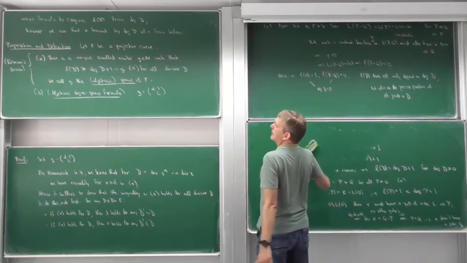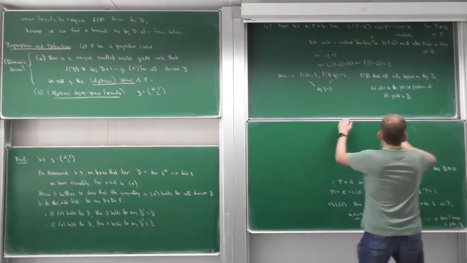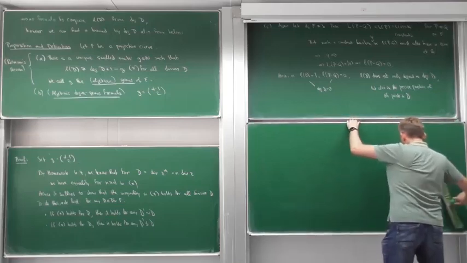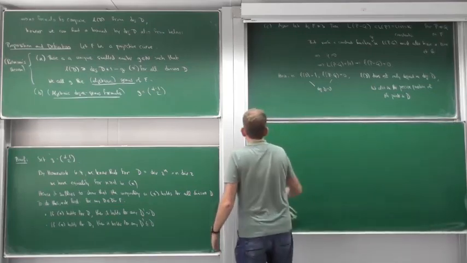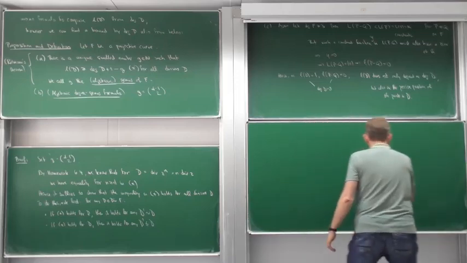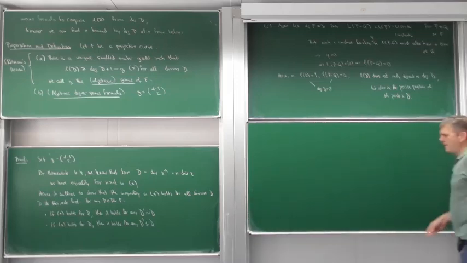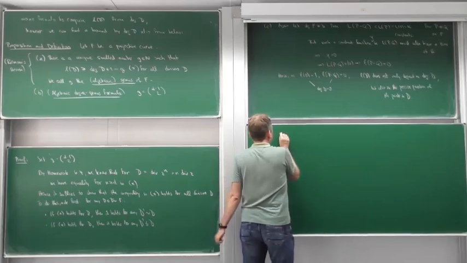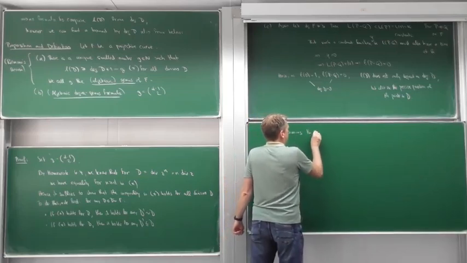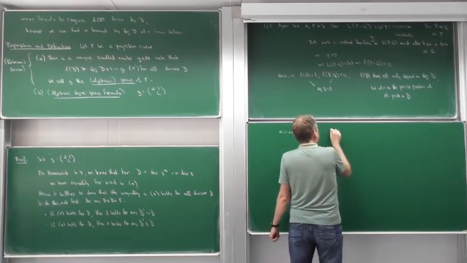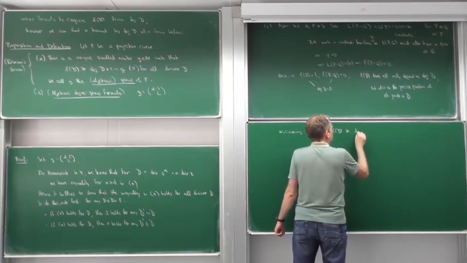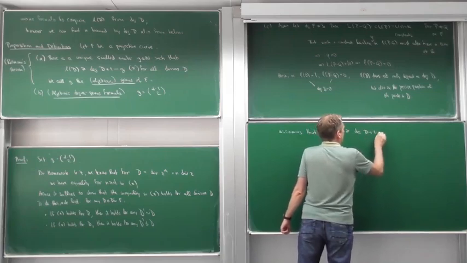So assuming the inequality for D, that means L of D is at least deg D plus 1 minus g.